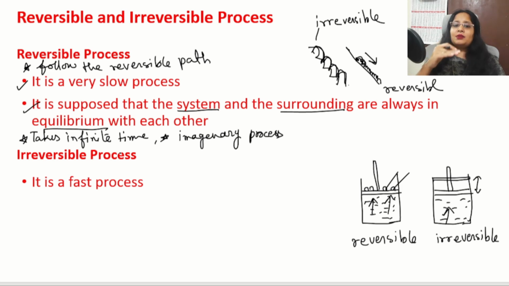So the system and surroundings are always supposed to be in equilibrium, in contrast to the irreversible. One more point I need to mention here is that the work done in the reversible process is maximum. Work done is maximum.